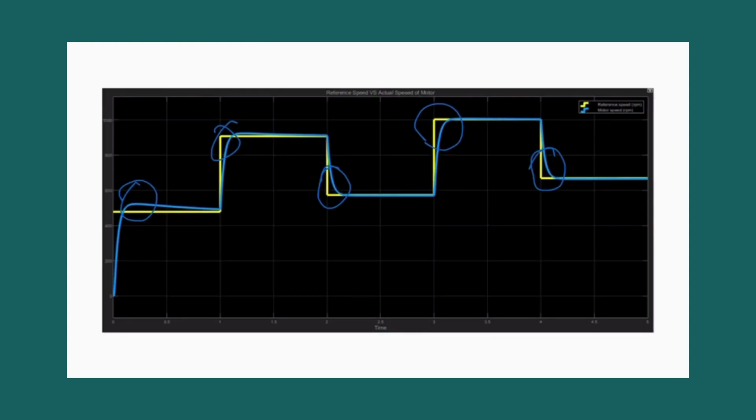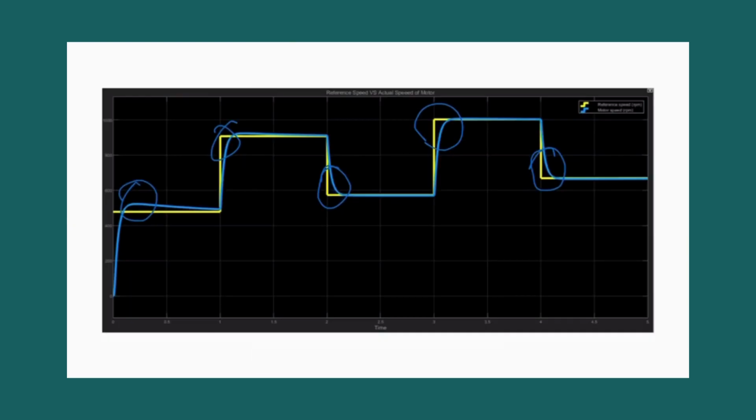As we can see, the motor speed came from 0 and met the reference speed at around 500 rpm. It overshoots a little bit, but it manages to level with the reference speed, and overall it's only a bit of undershoot or overshoot along the speed changes.